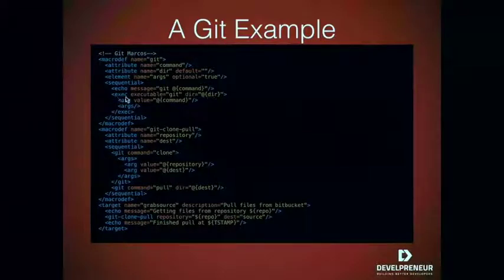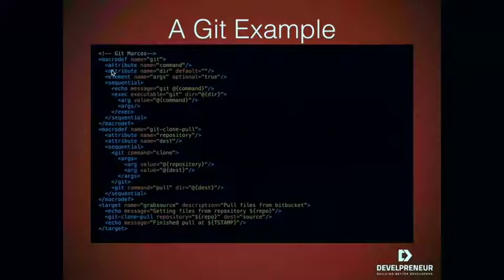It allows you to do an exec, which lets you run an operating system level command. These are easier to just copy and use yourself as opposed to digging too deeply into them. Essentially we're going to execute the git command on whatever directory is sent, and we're going to give it the command.